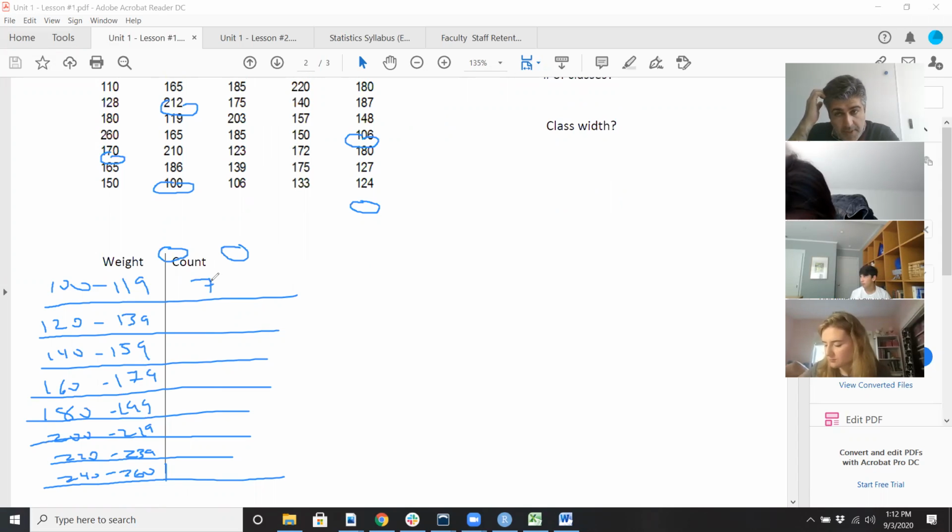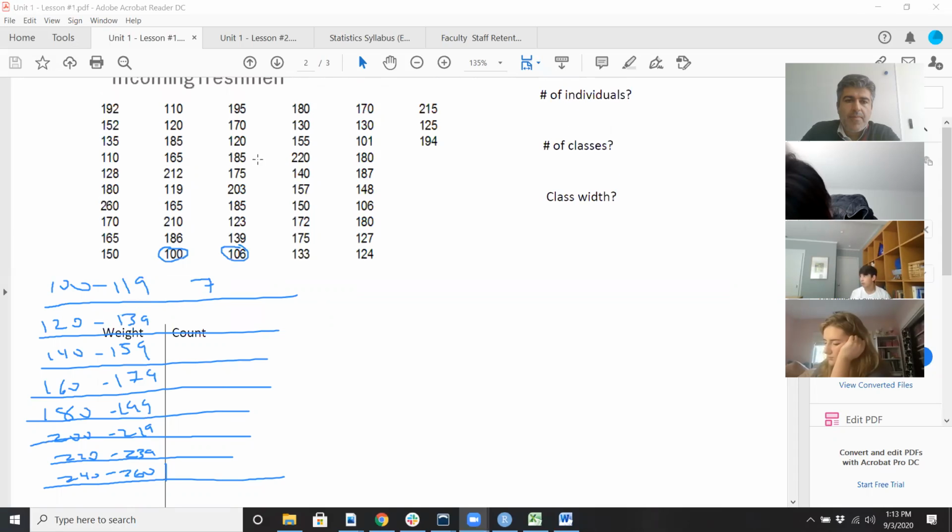Then we have to count all the other ones. We'll just do it one more time. Let's do it for 120 to 139. So if we go through our data, let's count all the ones that fit from 120 to 139. 11.